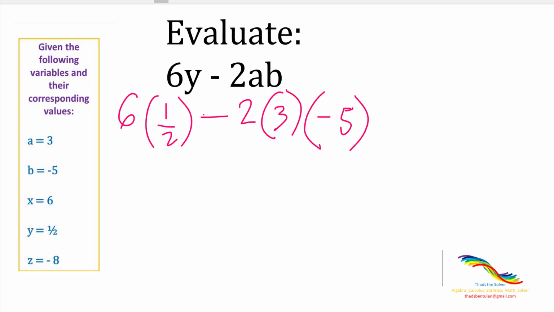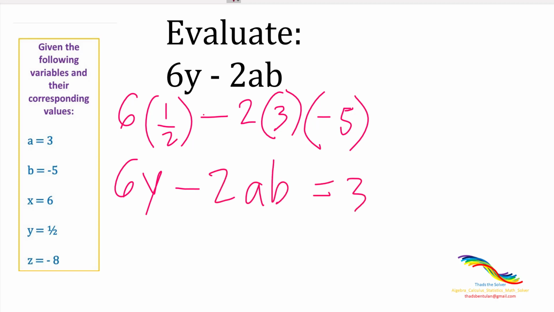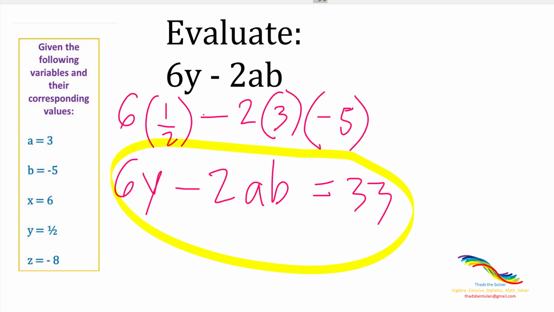So therefore 6y minus 2ab equals 33 if and only if y equals 1/2, a equals 3, and b equals negative 5. So this is our final answer. Thank you, and hope to see you in our next problem.